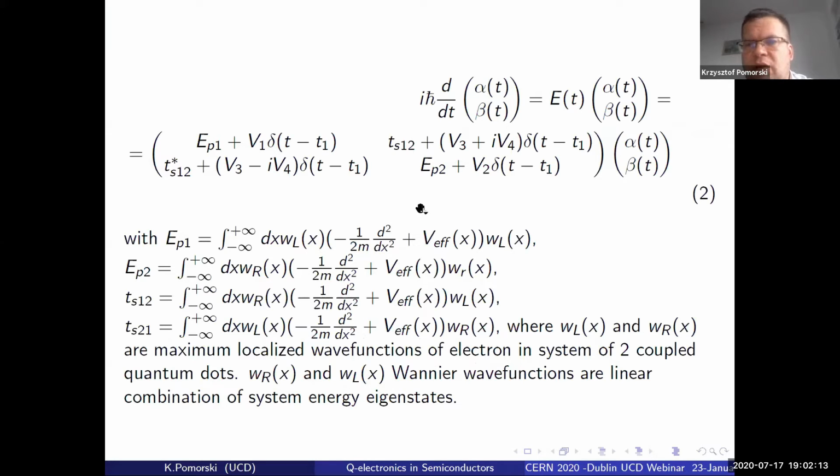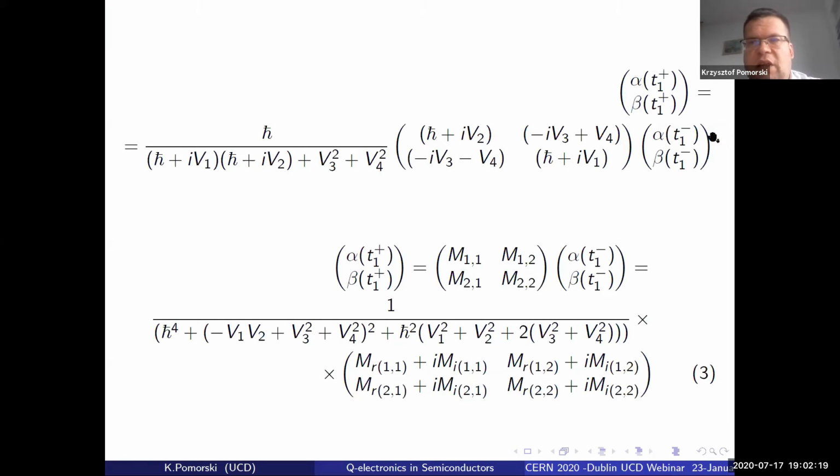There will be some discontinuity of changes of this quantum state at time t1, and obviously we end up with such a formula. So clearly we refer here to these values of v1, v2, v3, v4. So these are values of renormalized potential due to the presence of an external charged particle, right?